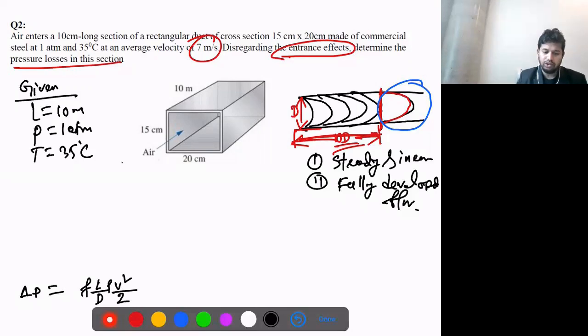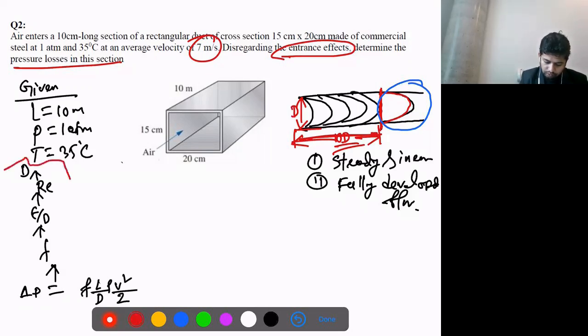This is the pressure loss formula. So we need the friction factor, which needs epsilon over D and the Reynolds number, and to get the Reynolds number we need the diameter.